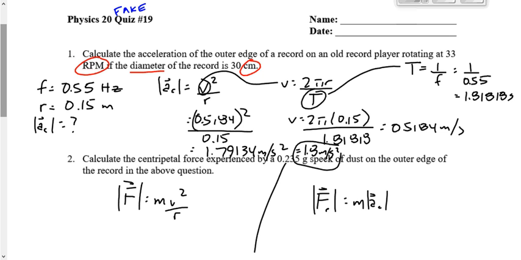If you've got the centripetal acceleration, you should be able to find the centripetal force by just multiplying the mass, which is 0.235. Oh, be careful here. 0.235 grams, 0.235 times 10 to the negative 3 kilograms, times the acceleration we just found, 1.79134.